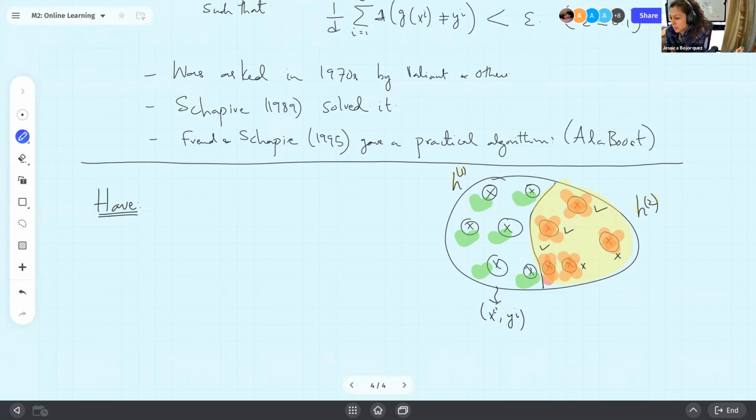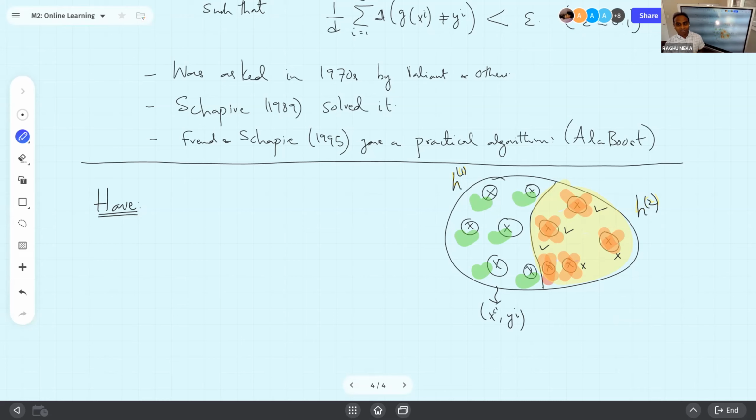So our overall hypothesis will be H1 and H2 at this point. It's not clear if I do H1 and H2, or maybe I should be a bit more clever about it. We haven't answered that question so far. The main thing we at least decided on is we need to query the weak learner on things that we're making mistakes on, in successive iterations.